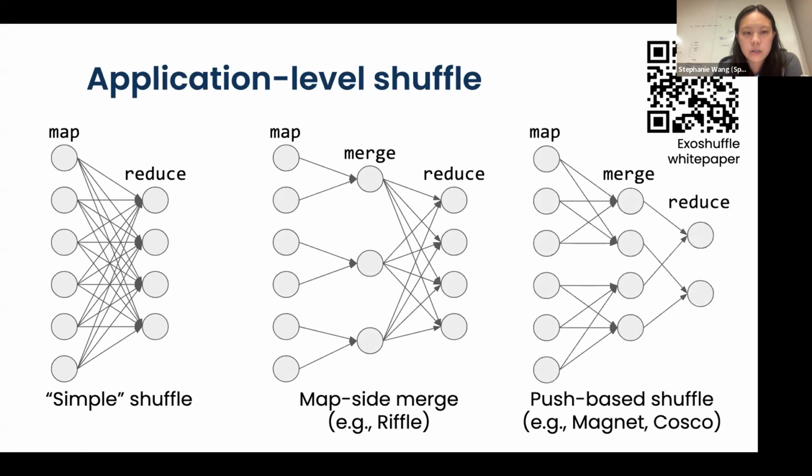Here's another variation called push-based shuffle, where we're pushing map results directly to the reduce nodes and then merging them into larger chunks there. So I want to stress that all of these algorithms were actually originally designed and implemented by other shuffle systems. But the cool thing that we found in this project is that we can actually implement a lot of the same basic algorithms, but using Ray core primitives to do a lot of the heavy lifting here. And that made it so that we didn't actually have to rebuild an entire shuffle system from scratch.